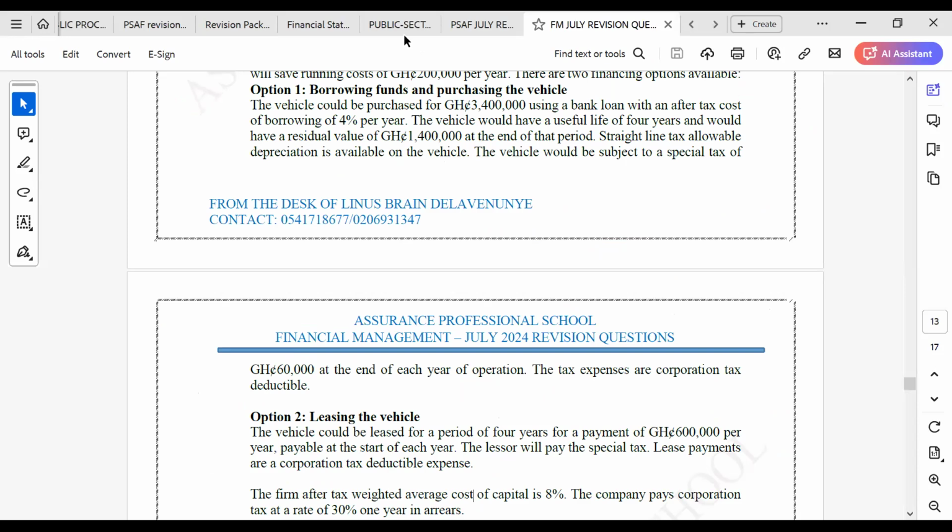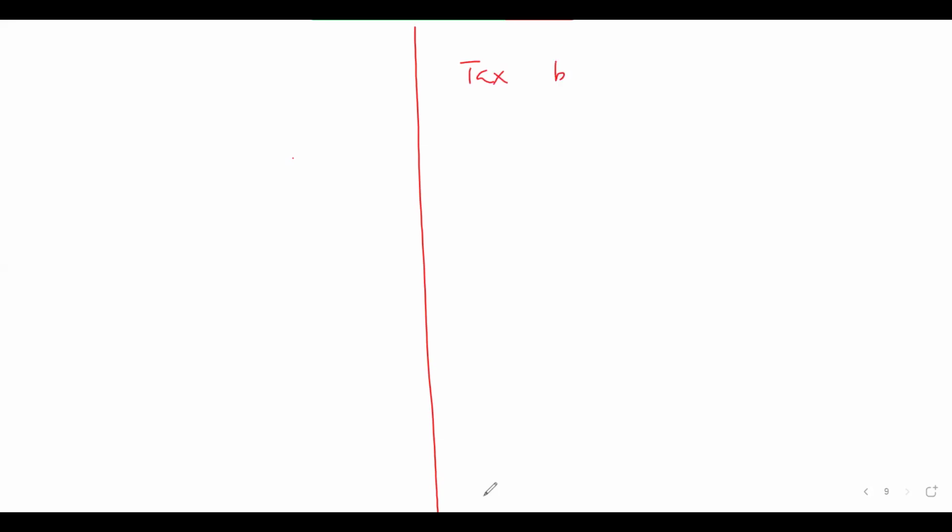We are going to be using how the tax authority will be doing this. You can do the tax computation like how the company will also be doing their tax depreciation. So let's come here. Let's have the tax benefits for the entity. Let's do it the way the tax authority will be doing it.